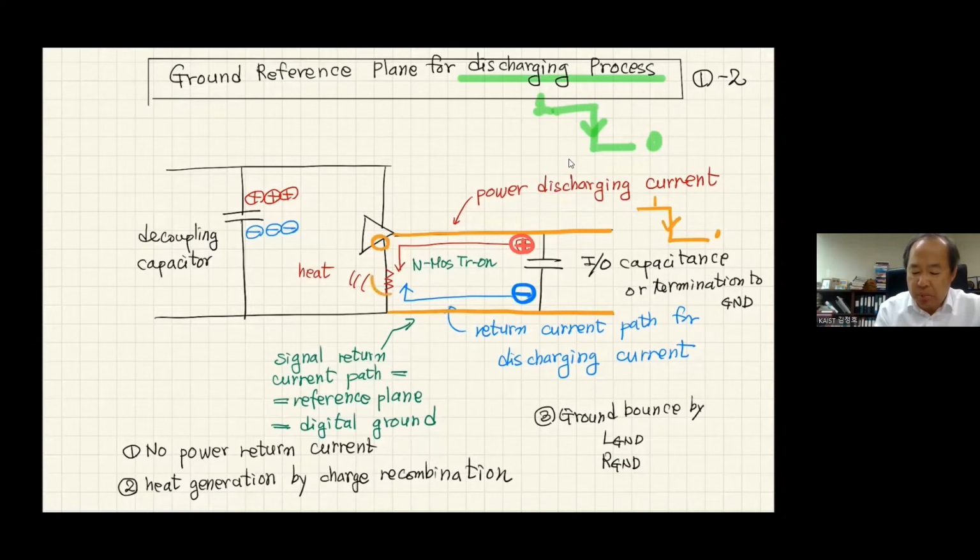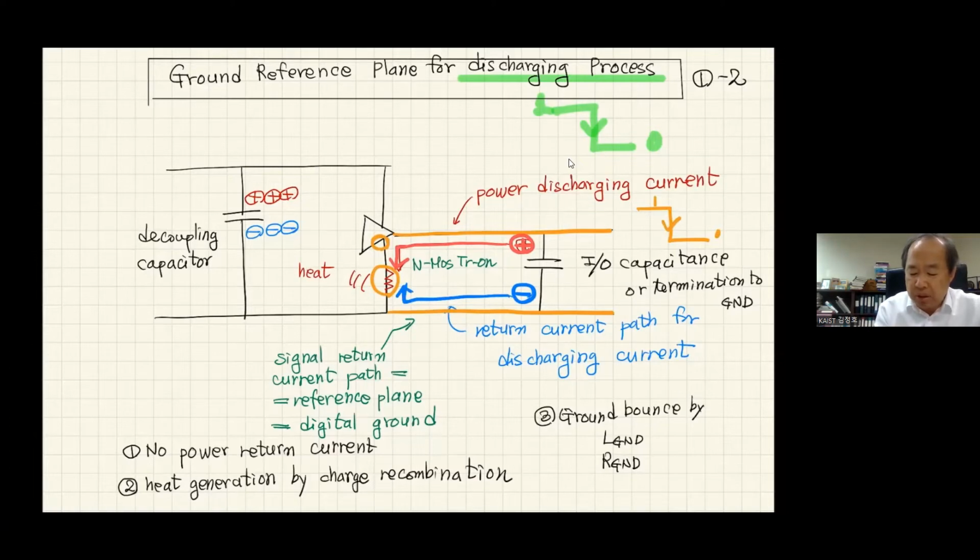The NMOS transistor may have certain resistance, and when we are having the discharging process, positive charge that was stored at the I/O capacitor will move back to the driver, and minus charge will travel back to the NMOS driver as well.